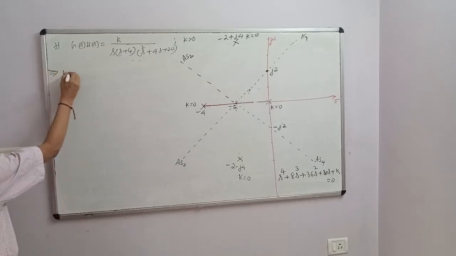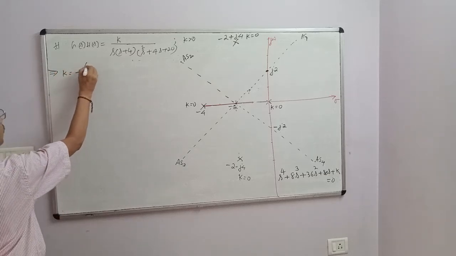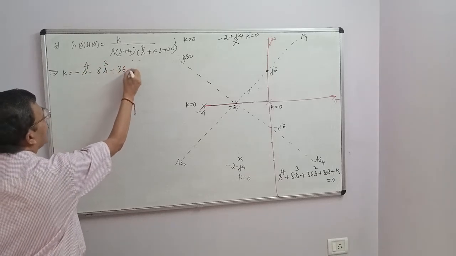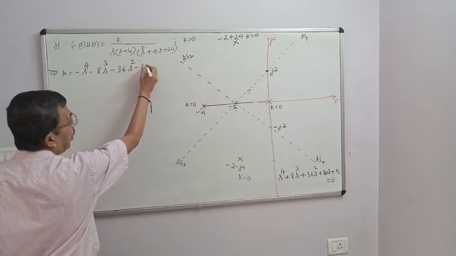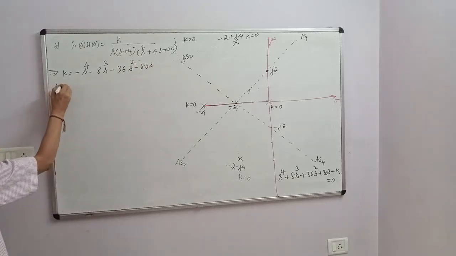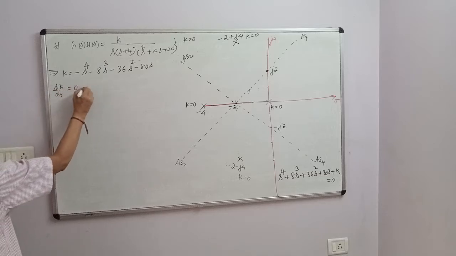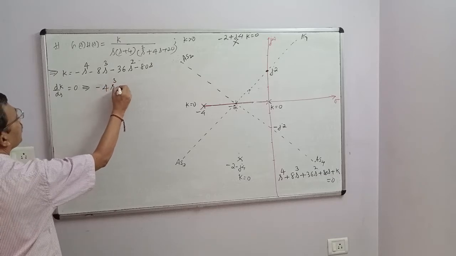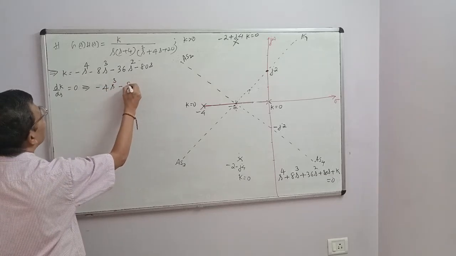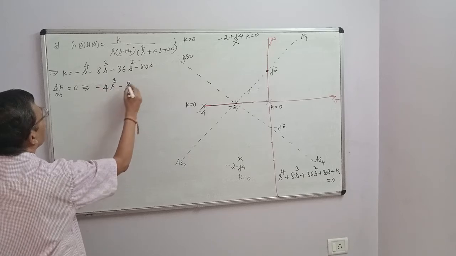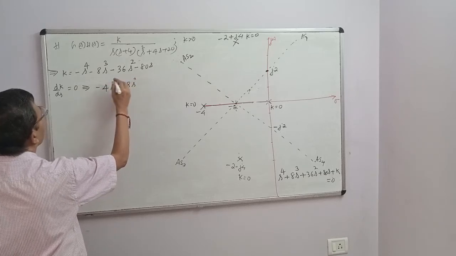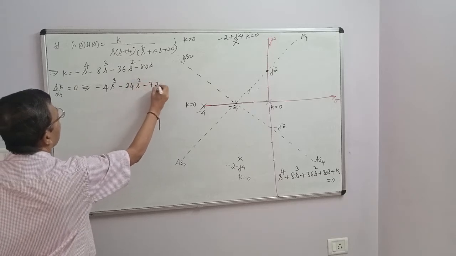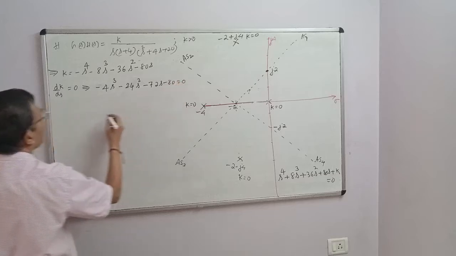This implies k is equal to minus s to the power 4 minus 8s cube minus 36s square minus 80s. dk by ds equal to 0 implies minus 4s cube minus 8 into 3 is 24, 24s square minus 72s minus 80 equal to 0.